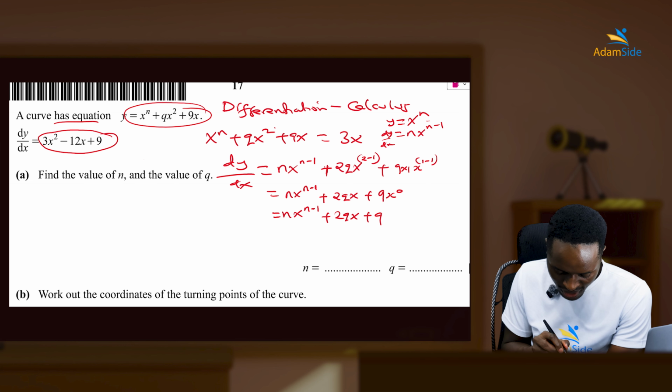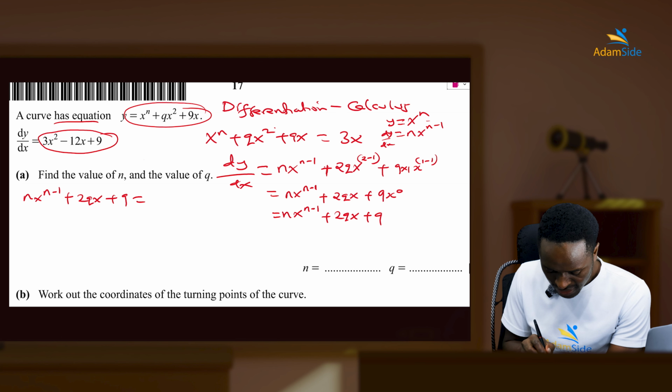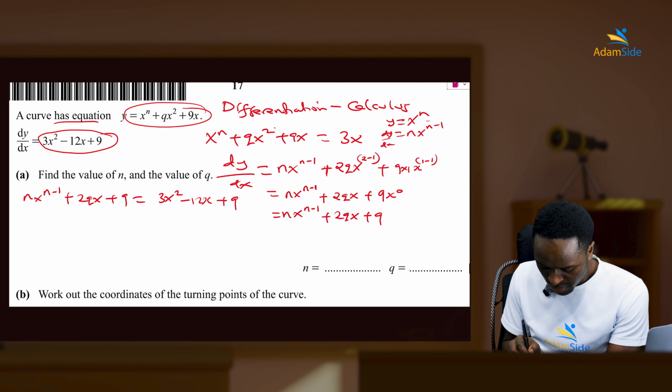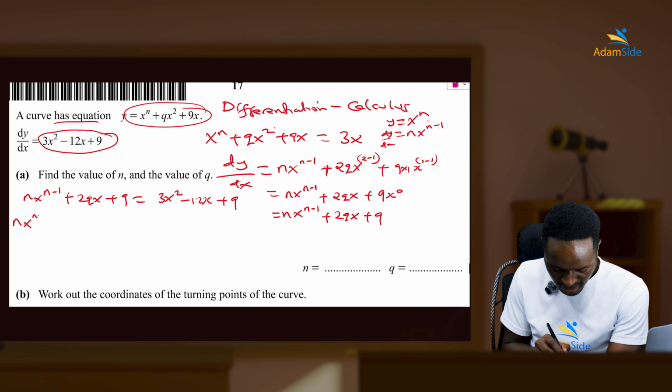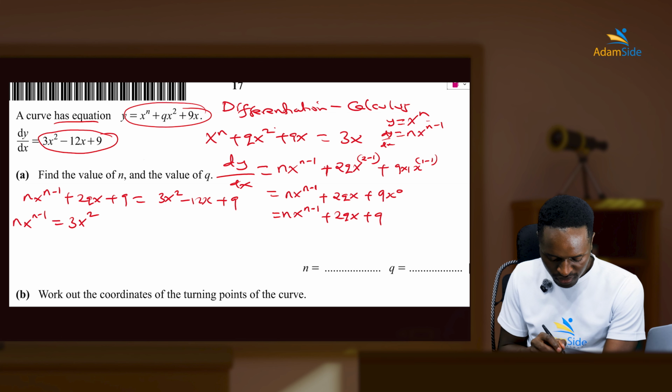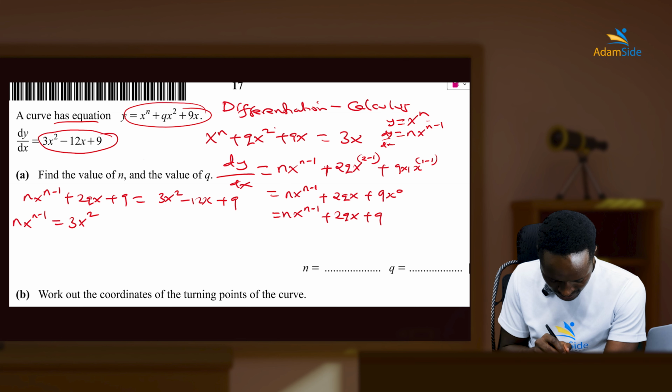So therefore, our equation will be nx power n minus 1 plus 2qx plus 9 is equal to 3x squared minus 12x plus 9. So 9 and 9, they're the same. So we have nx power n minus 1 equal to 3x power 2. So n here is equal to 3. N is equal to 3. And then x and x, they're the same. So we equate the powers.